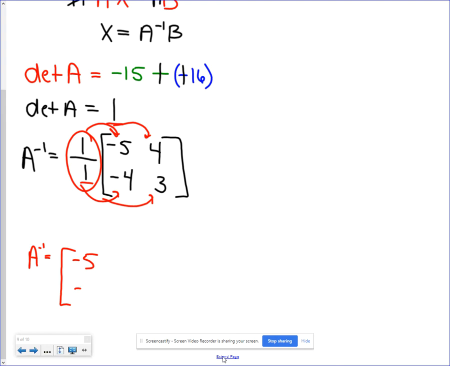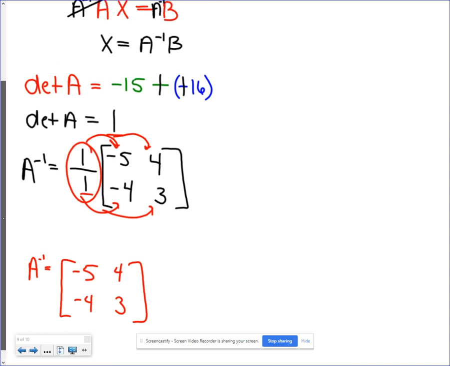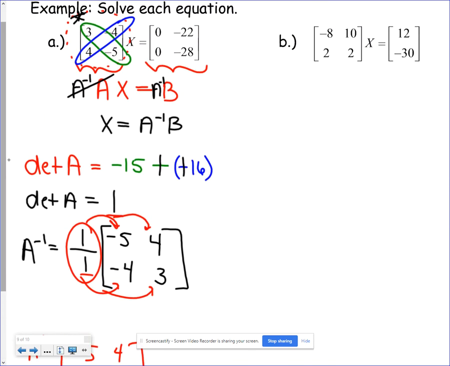-5, -4, 4, 3. What do I do with the inverse? I multiply that by B. B, again, is this matrix right here. That's my B matrix: 0, 0, -22, -28.